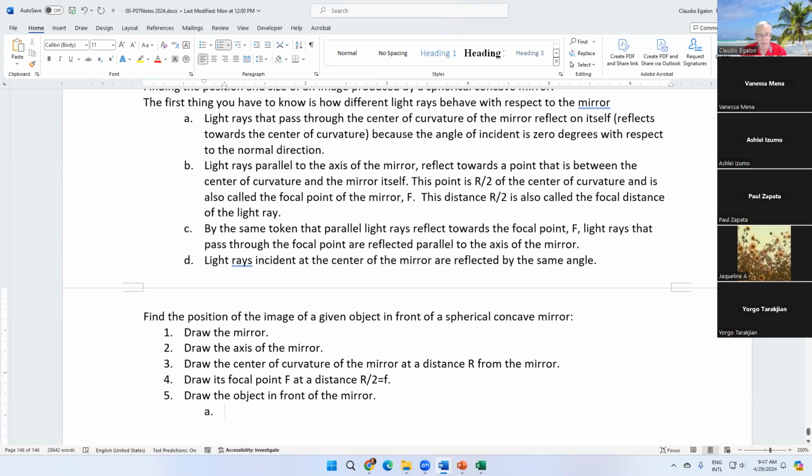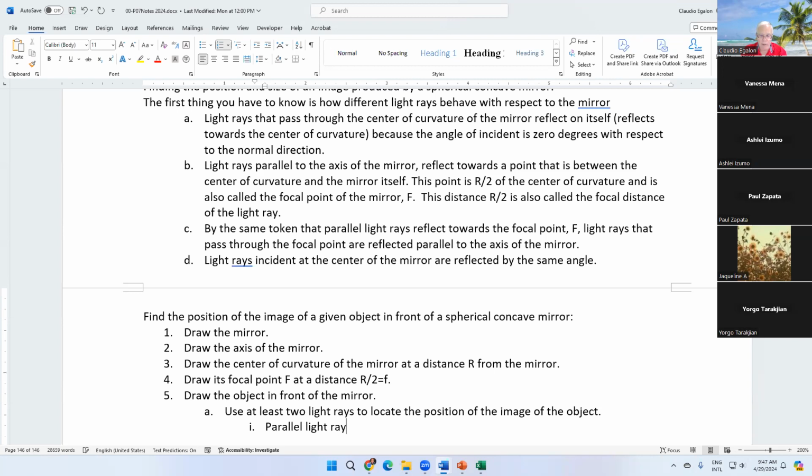Now that we have drawn the object, use at least 2 light rays to locate the position of the image of the object. Okay?